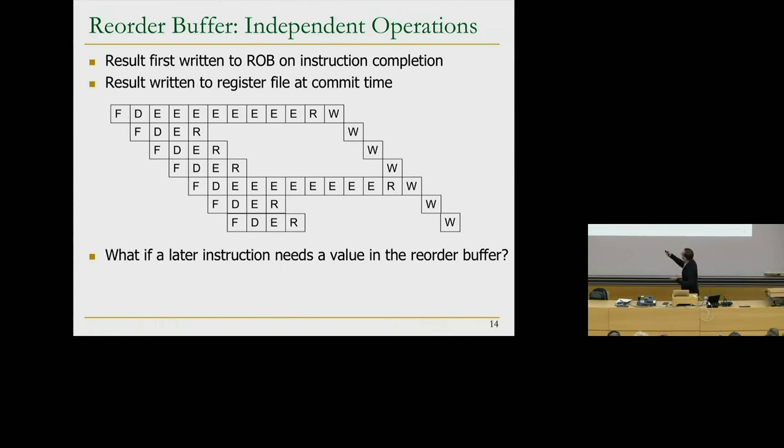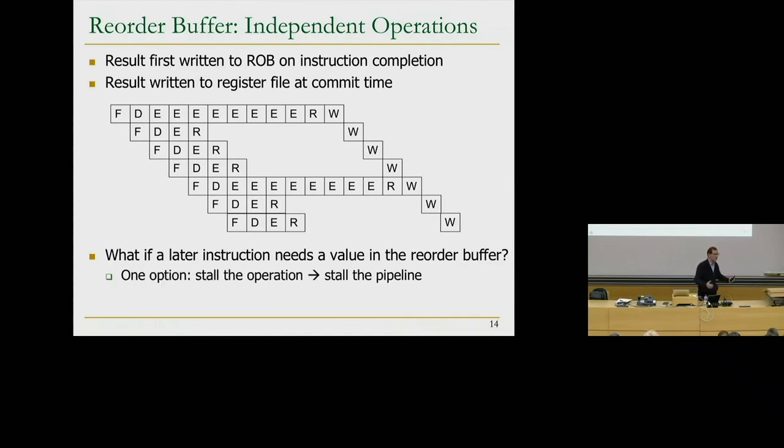Let's assume that the second instruction is writing to R2. It's written the version of R2 over here into the reorder buffer. Let's assume that we fetched an instruction that needs R2 over here. Do you stall that instruction? Or do you somehow grab the value from the reorder buffer? If so, how do you grab the value from the reorder buffer?